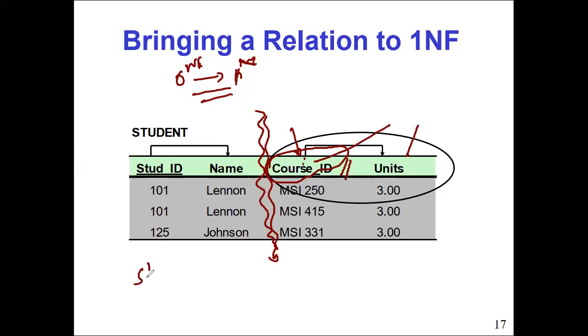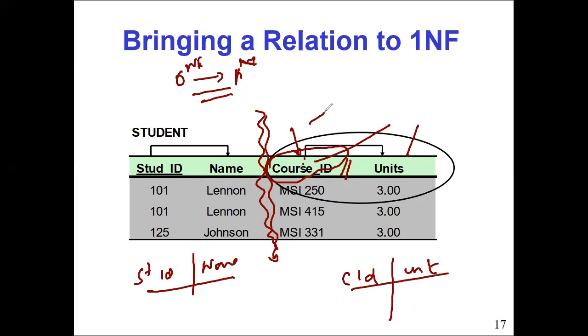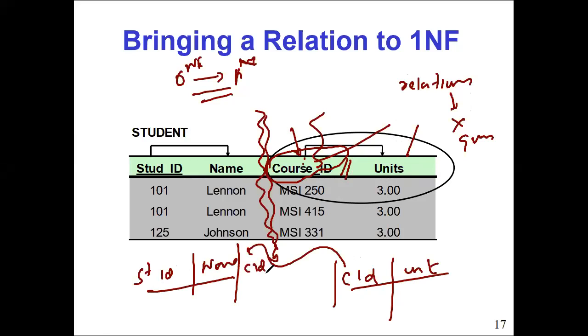Then student ID, name, and course ID, units are two tables. While you are breaking, you must have some kind of relation, otherwise you can't do queries. So I am going to give CID to this side. So I have CID.